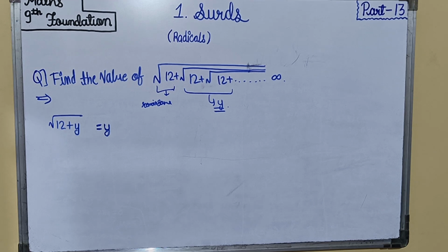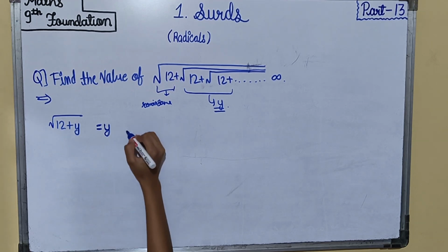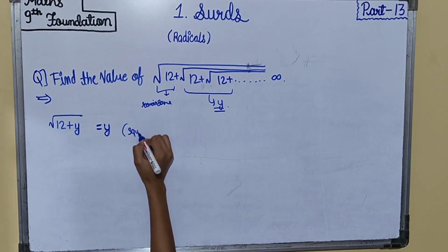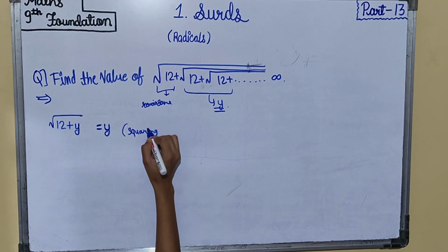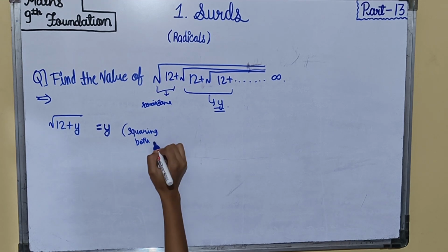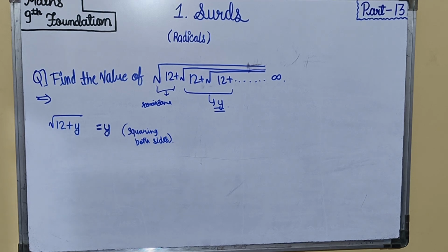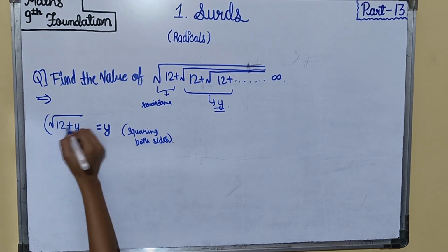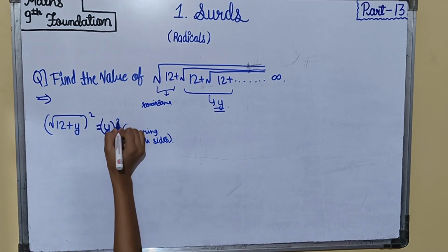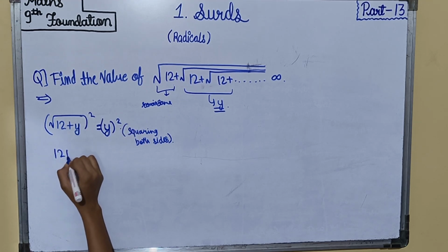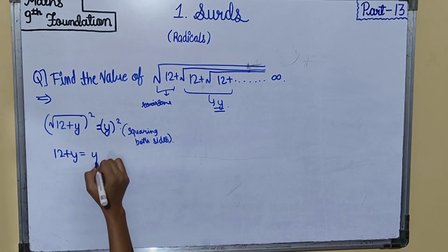Now we'll square both sides. And we will get y times 12 plus y is equal to y square.